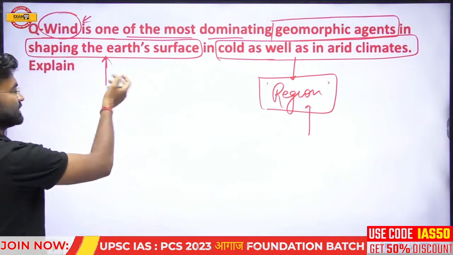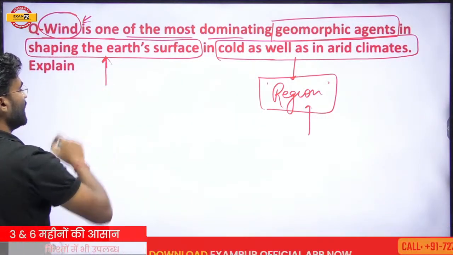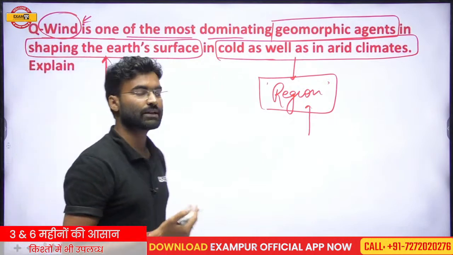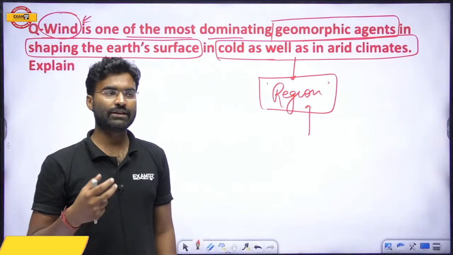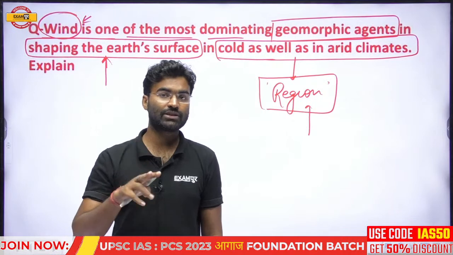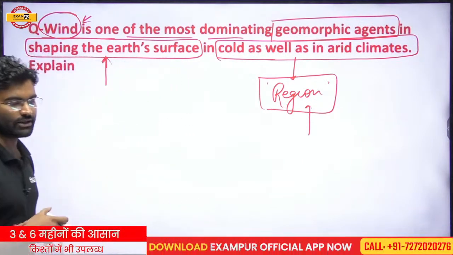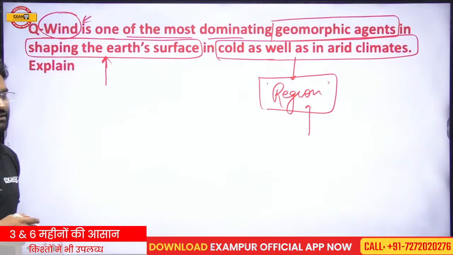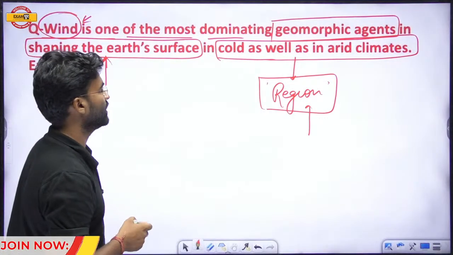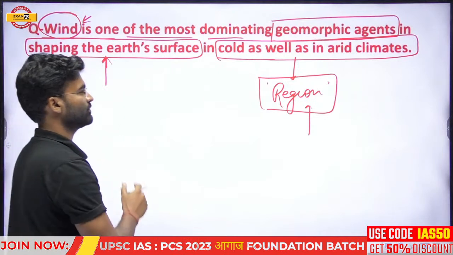This will help you in proper answer writing. According to me, in the initial stage, you have to read the question at least 2 times, more than 2 times. If you read the question more than 2 times, it brings clarity in your mind. So let us begin the answer of this question.